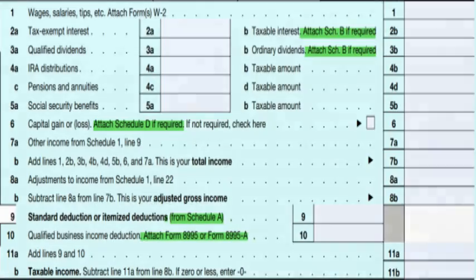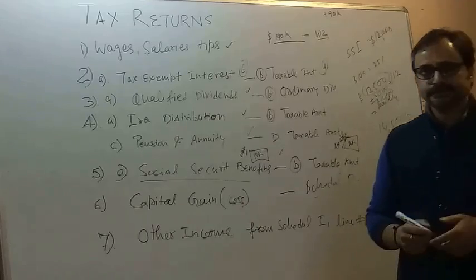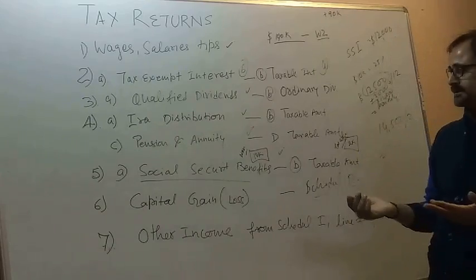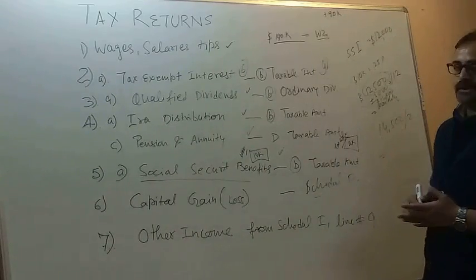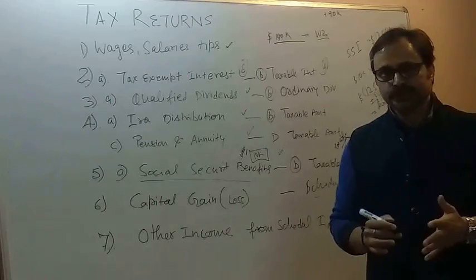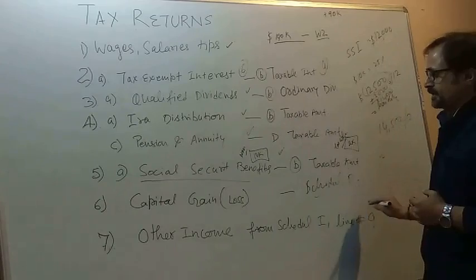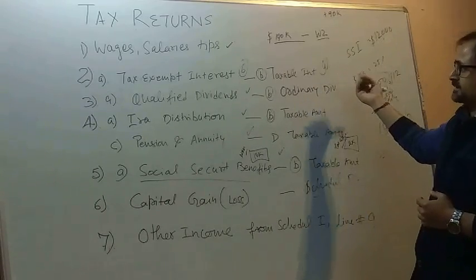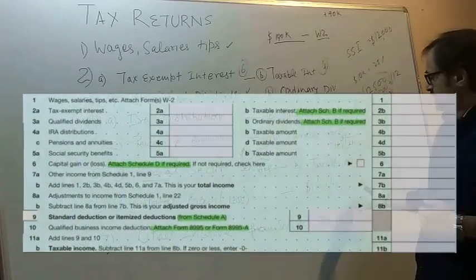Those are W2. For social security, those are 1099s, and for retirement, that is the award letter as well as 1099. So those are different documents. But wherever we need to fill out a schedule, those schedules are also written in front of these documents. Like for tax exempt and qualified dividends, it's schedule B, and for capital gain and loss, it's schedule D.